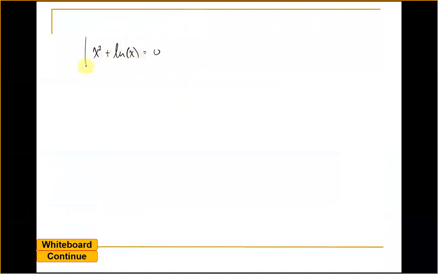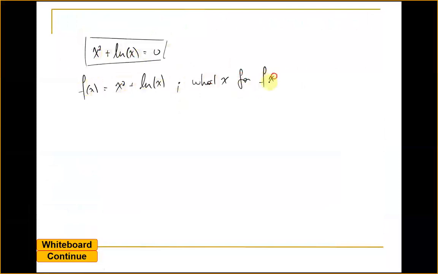If I try to solve it in this form, I could say f of x is x squared plus natural log x, and if I try to find what x for f of x equals 0, this solution procedure is called root finding.